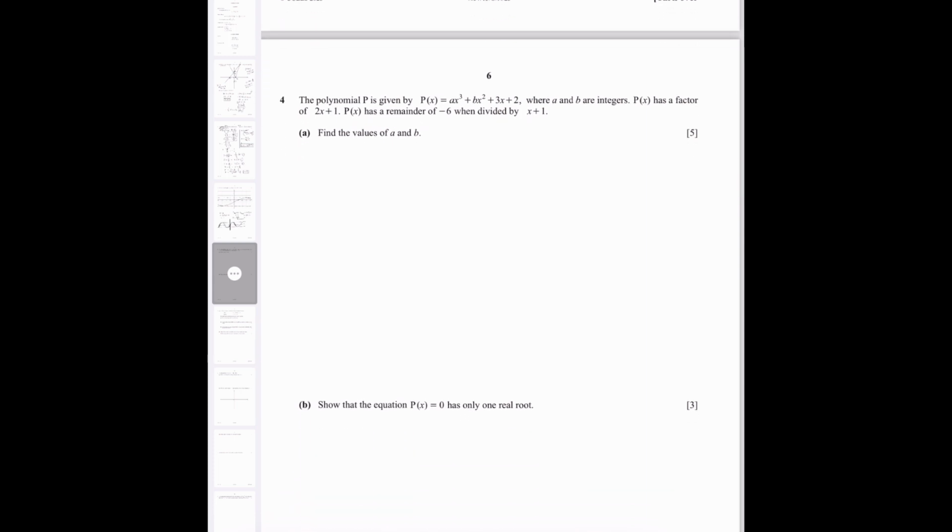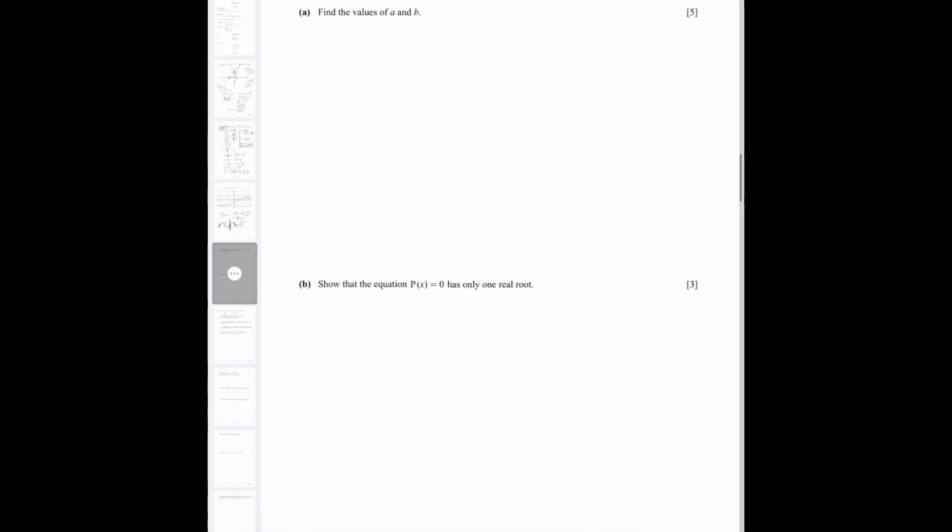Question 4. The polynomial p, p(x) equals ax cube plus bx square plus 3x plus 2, a and b are integers. p(x) has a factor 2x plus 1, and p(x) has a remainder of minus 6 when divided by x plus 1.